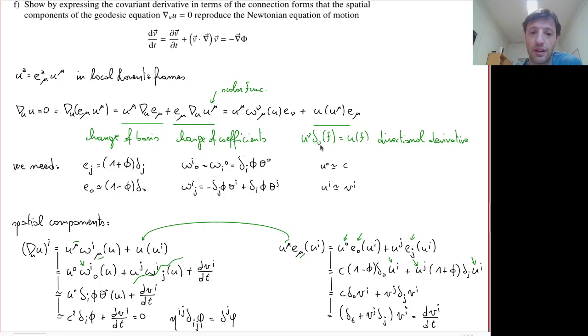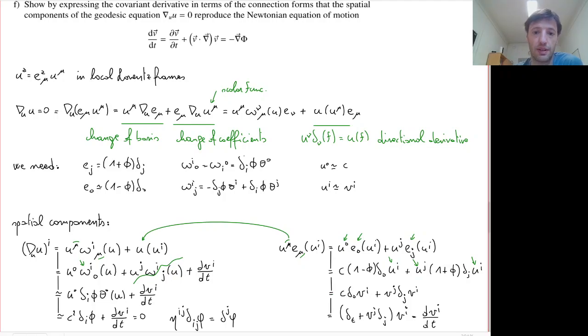Then we remind ourselves that vectors are just directional derivatives. Therefore, this u^nu times the derivative with respect to x^nu is just u, intended as a vector swallowing a scalar function, applied to a scalar function.